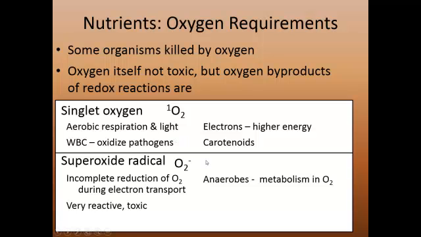How do, say, your cells, which are producing superoxide radicals all the time, how do they protect themselves? How would, say, the E. coli in your gut, when it's being grown in the presence of oxygen in the lab, how does it survive superoxide radicals? Well, organisms that are aerobic produce enzymes called superoxide dismutases.